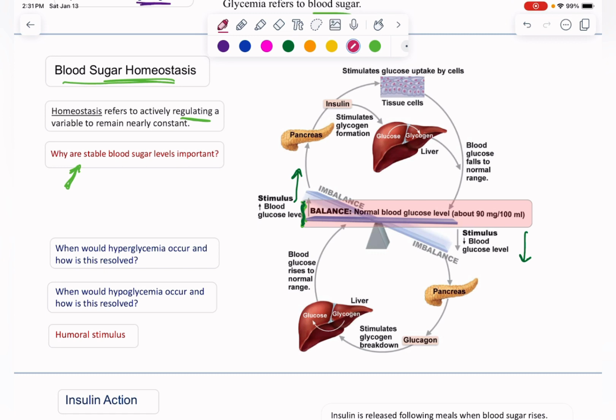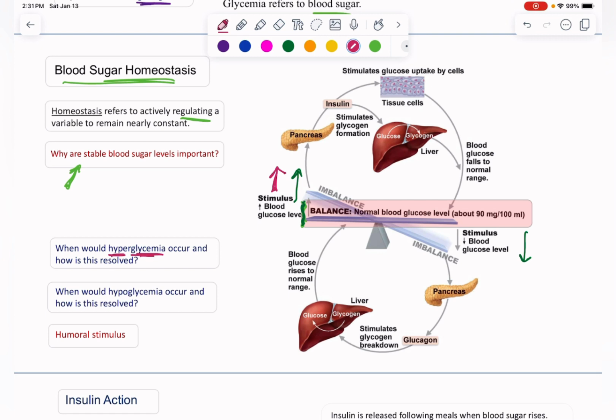First of all, let's look at when blood sugar levels are elevated. Okay, they're higher than normal. When blood sugar levels are higher than they should be, we call that hyperglycemia. Glycemia refers to blood sugar and hyper means above.